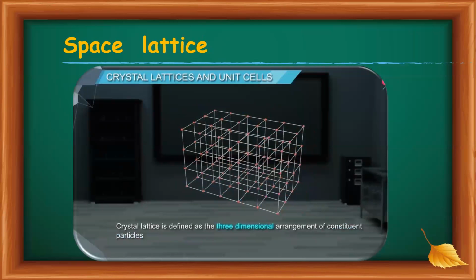A crystal lattice is defined as the three-dimensional arrangement of constituent particles represented diagrammatically such that each particle is depicted as a point. Such an arrangement is known as a crystal lattice.